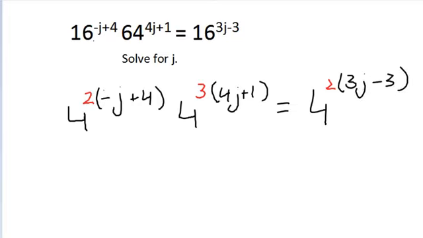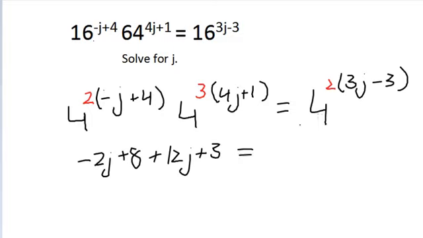So now let's simplify. So we have negative 2j plus 8 and plus 12j, 3 times 1, so plus 3, is equivalent to 6j right there, minus 6.